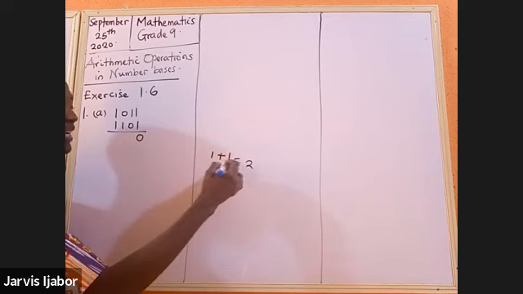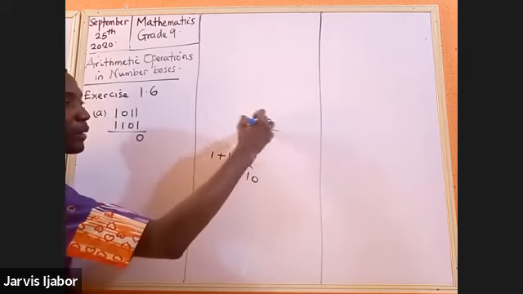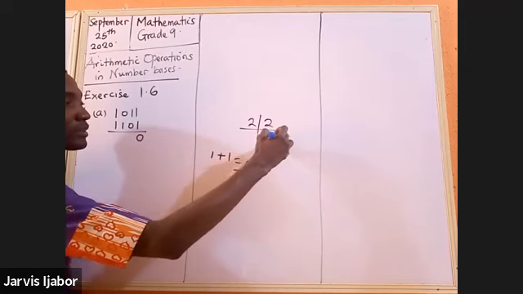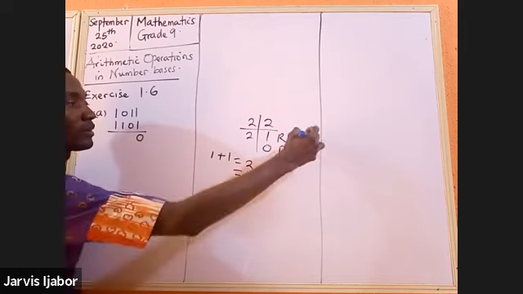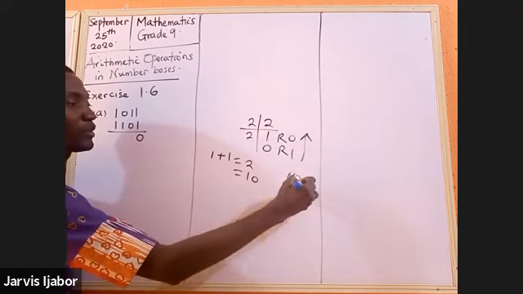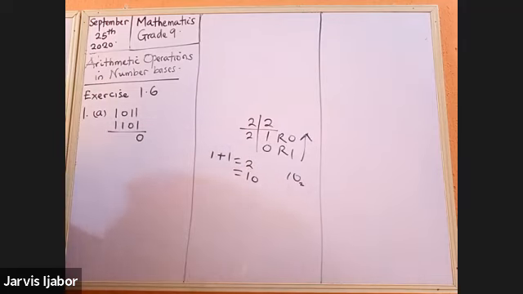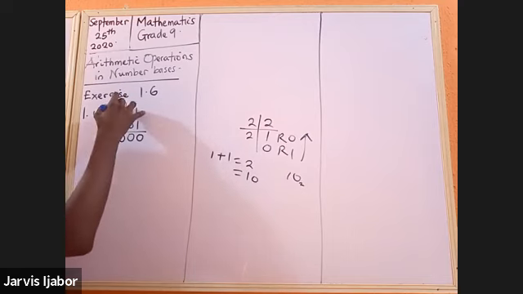But that 2 in base 2 is actually 10. How do I know this? Let's go back to our base 2. So 2 in base 10 is actually 10 in base 2. So it's 0 carry 1, 0 carry 1, 0 carry 1.